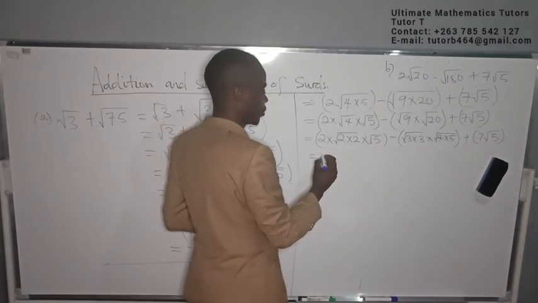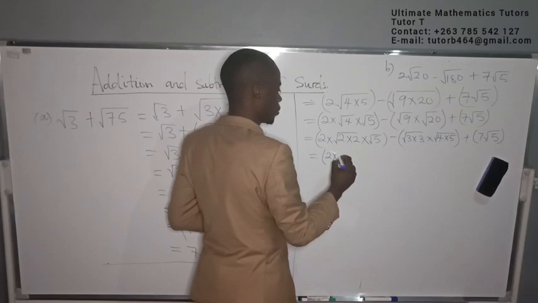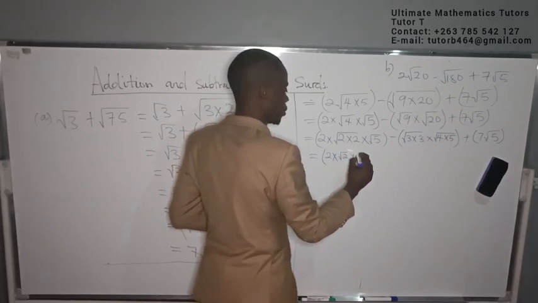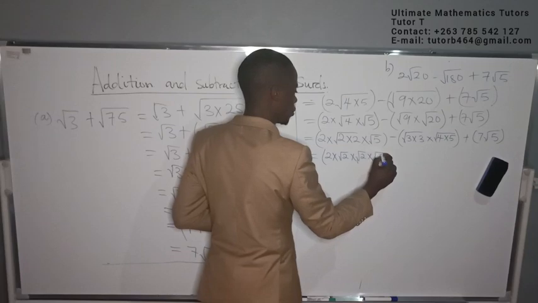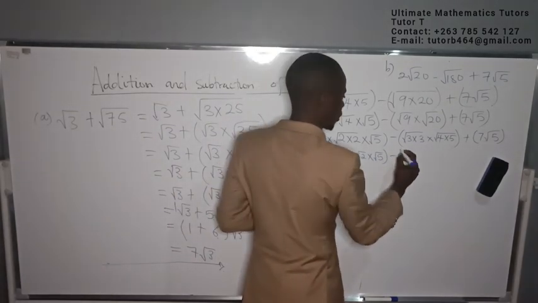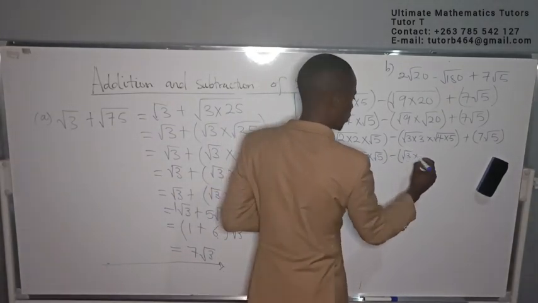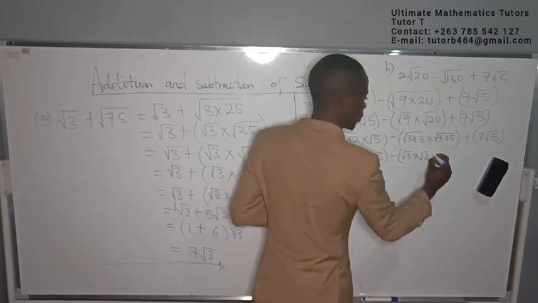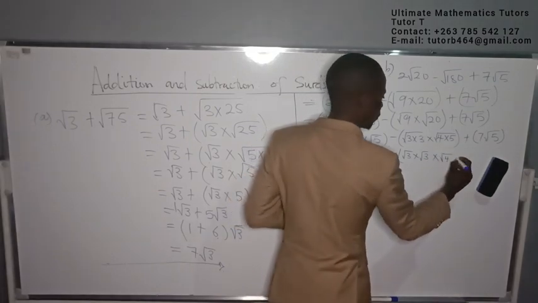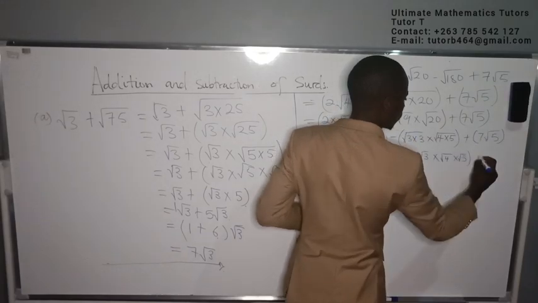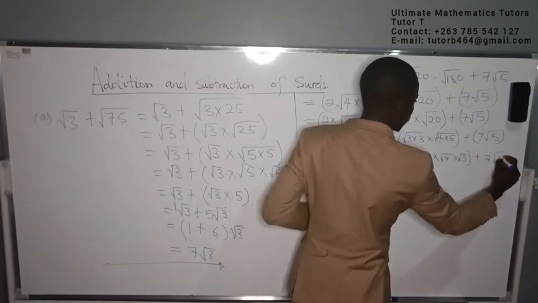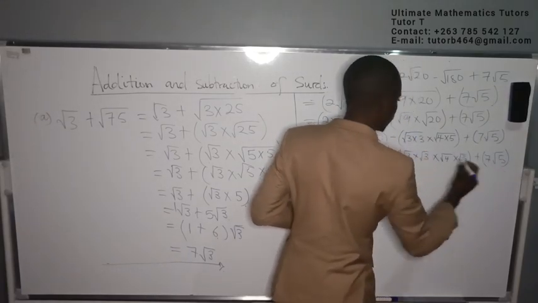Right, now 2 times root of 2 times root of 2 times root of 5 minus root of 3 times root of 3 times root of 4 times root of 5 plus 7 root of 5.